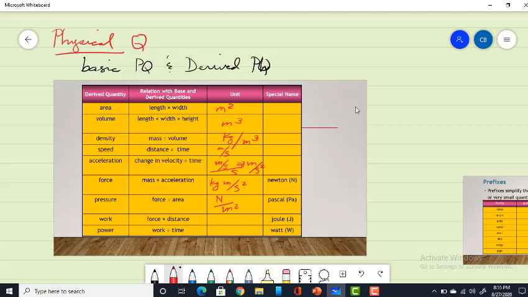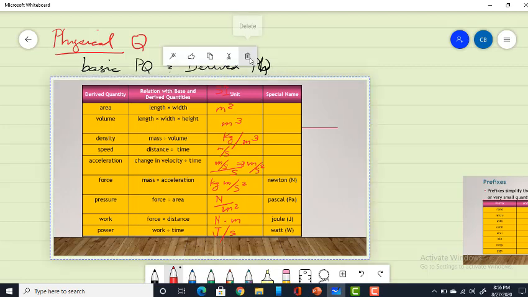Work is force in Newton times meter, and Newton meter is equal to joule. Power is work, joule per unit second, so that's in watt, the special name for this derived unit.